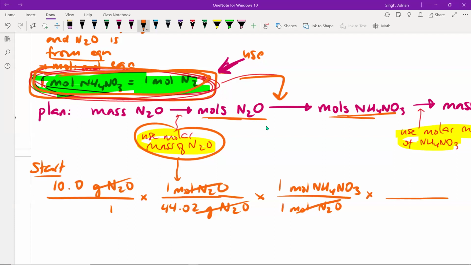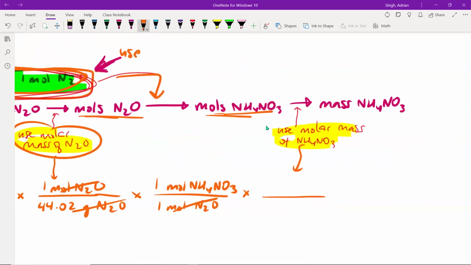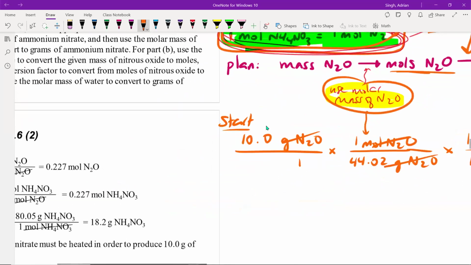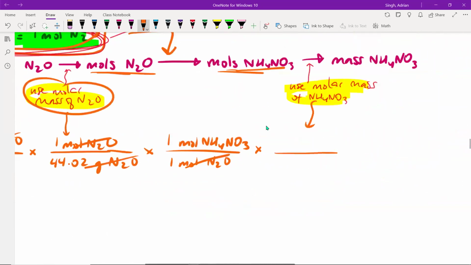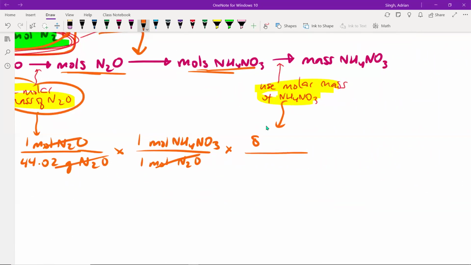And then the last step, using the molar mass of ammonium nitrate to convert it to grams. So ammonium nitrate molar mass, we have a nitrogen, 4 H's, another N, and 3 O's. We add all those together, and we get 80.05 grams of NH4NO3. Okay, and that is for every 1 mole of NH4NO3.